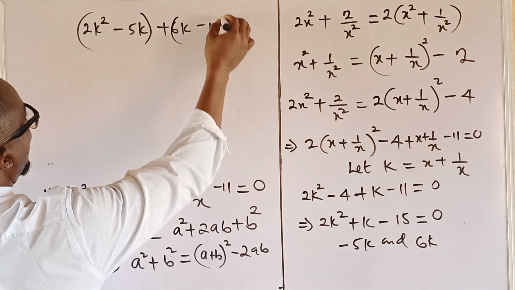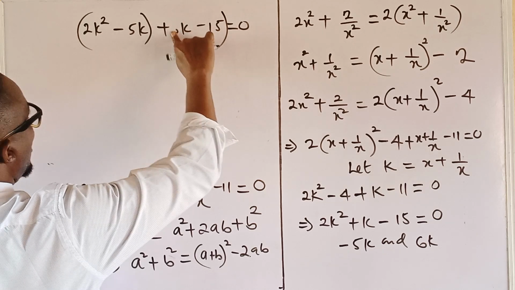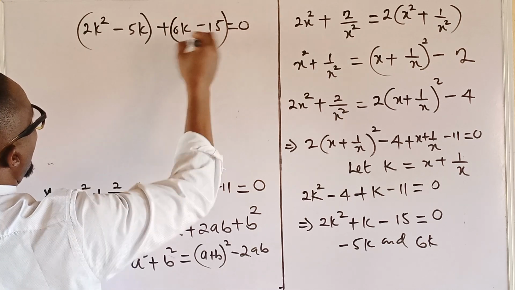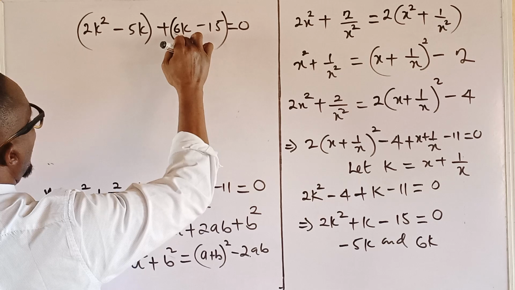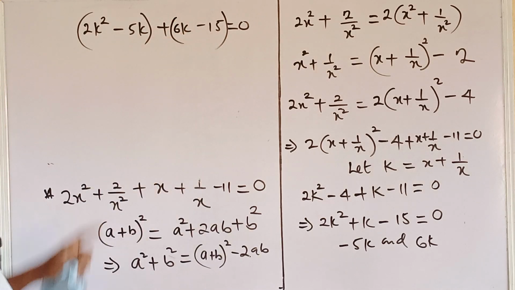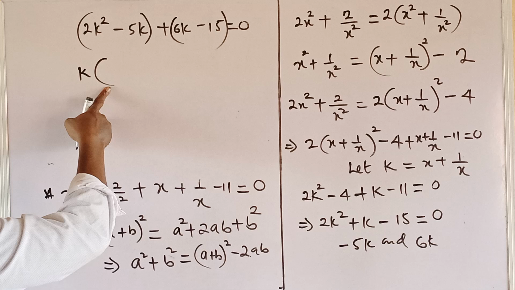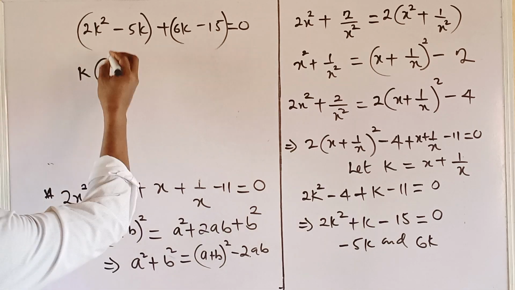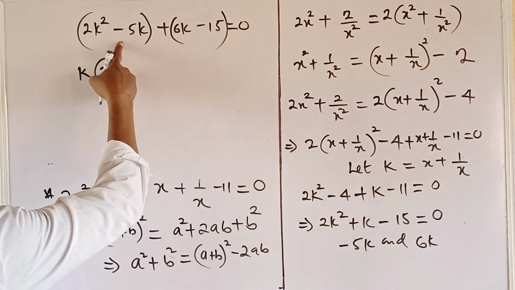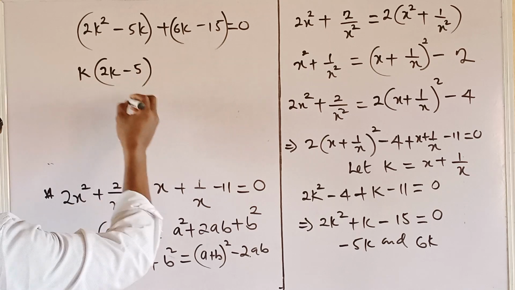Factorize by grouping. So 2k squared and negative 5k. I think the highest common factor there is k. Factor out k. Then 2k squared divided by k will be 2k, and negative 5k divided by k will be negative 5.